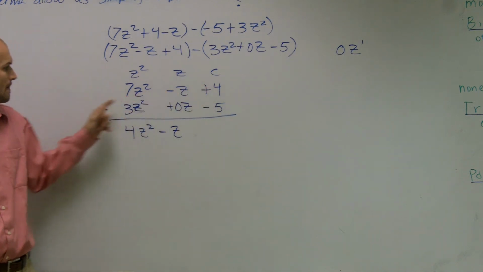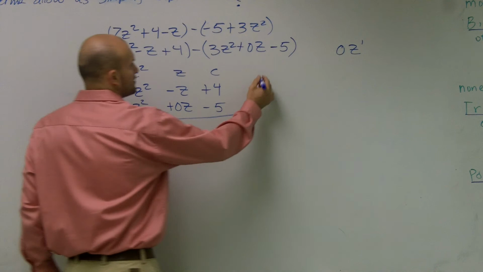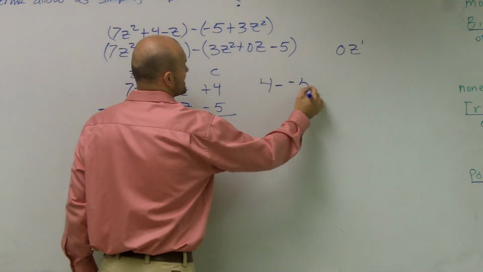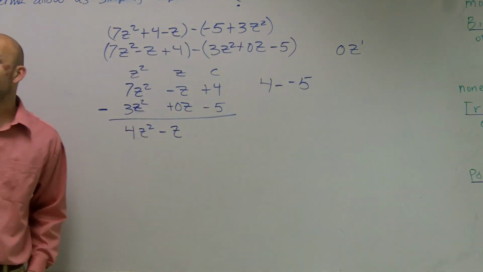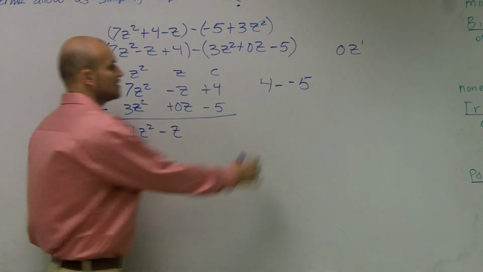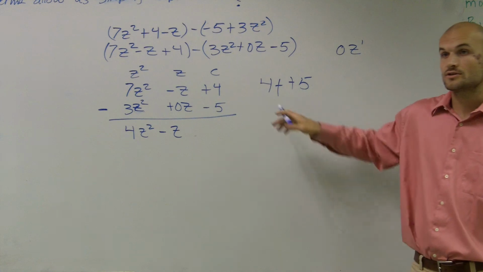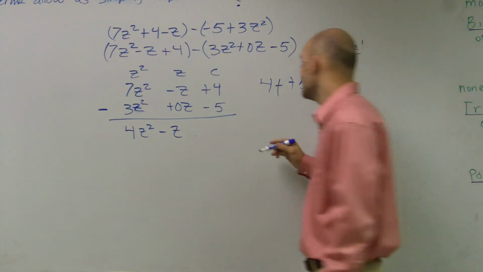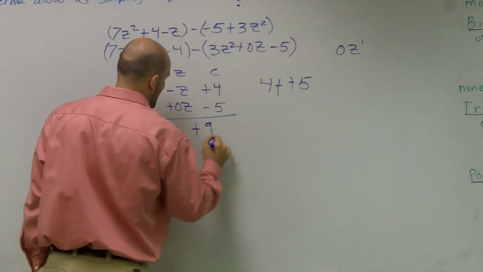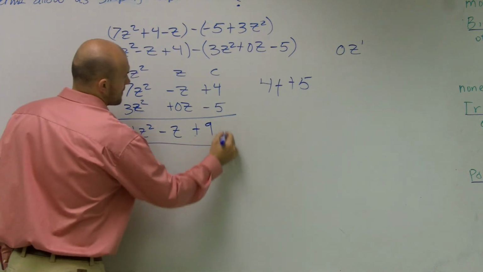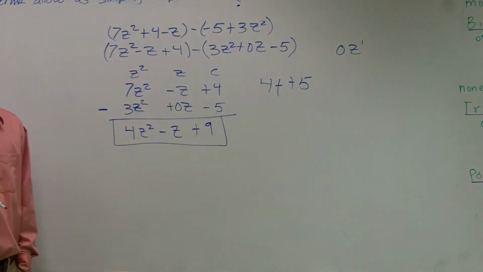And then 4 minus a negative 5. Let's take a look at what that looks like again. 4 minus a negative 5. That's what we call a double negative. So, double negative is going to become a positive, so it's going to be adding. 4 minus negative 5 is going to be positive 9. And that's it. That's your final answer.